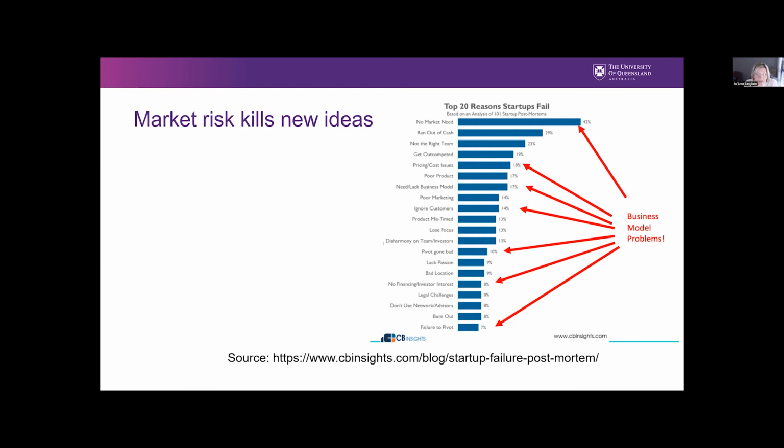There was a problem with financing, or they failed to pivot when they actually had an opportunity or an understanding of something that needed to be changed about their MVP. They didn't actually pivot. So these are all things that need to be considered by new entrepreneurs. And the Lean Launchpad is meant to help you address these.